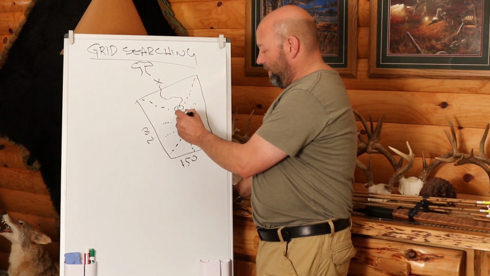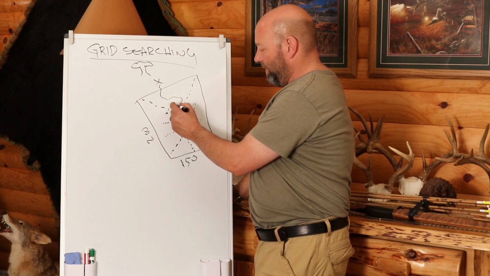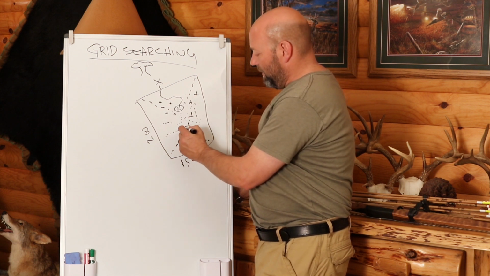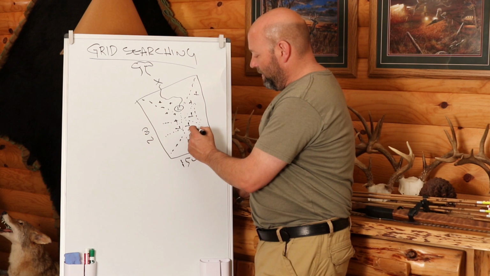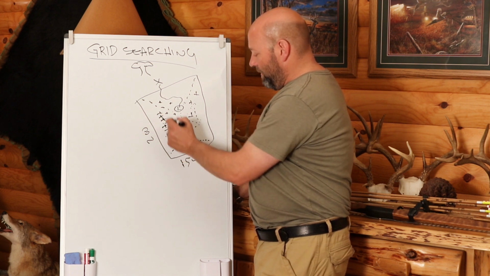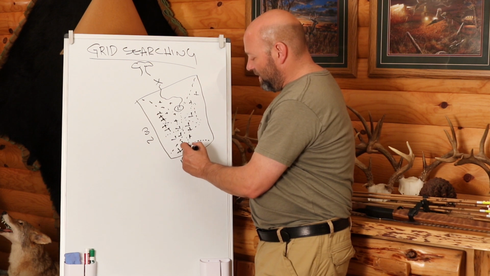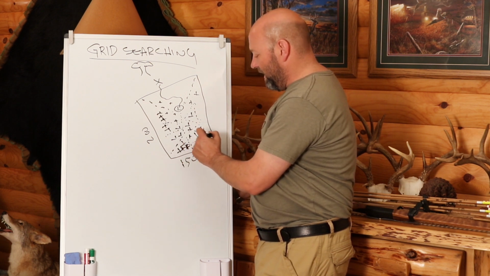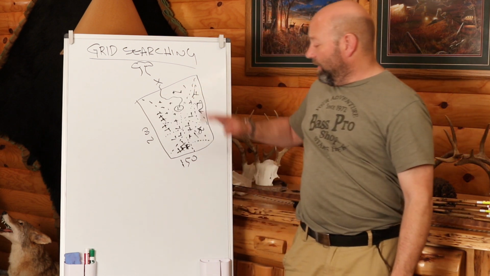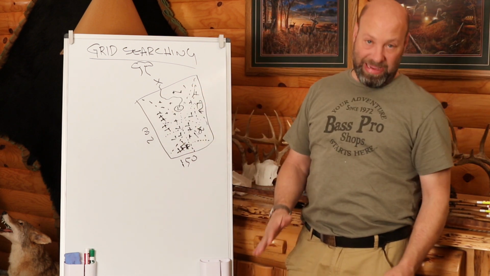That deer could be here, here, here, any place in here, laying there dead, and that person has no idea where that is. You can't put enough X's in here. It can be any place in here where it wants to, and you don't see it because your dots didn't take you there.